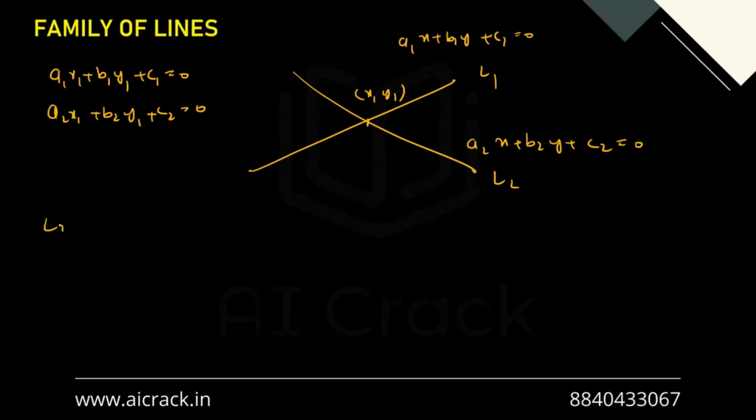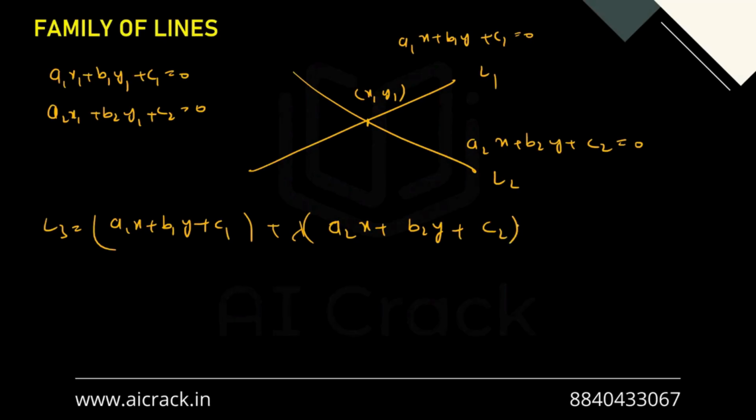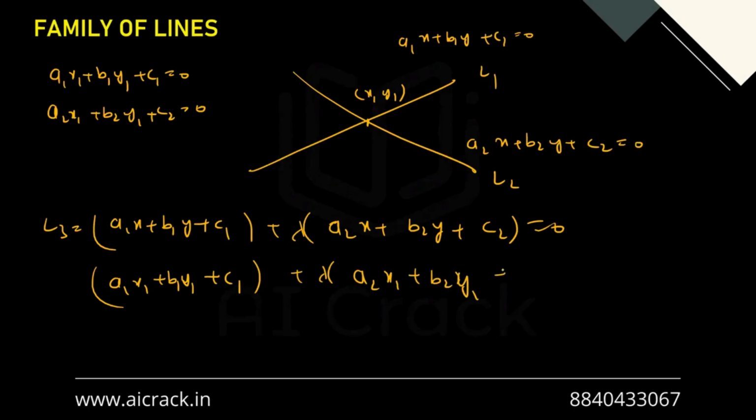Now let's say I'm writing L3 as a1x plus b1y plus c1 plus lambda times (a2x plus b2y plus c2) equals 0. Now if I plug this value in this line, we'll be getting a1x1 plus b1y1 plus c1 plus lambda times (a2x1 plus b2y1 plus c2), right?